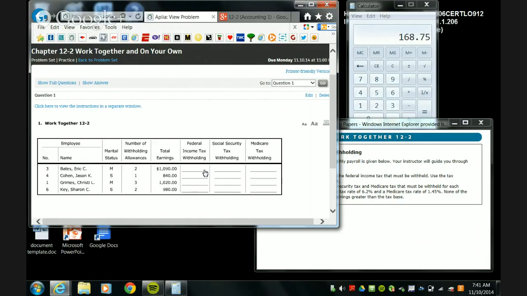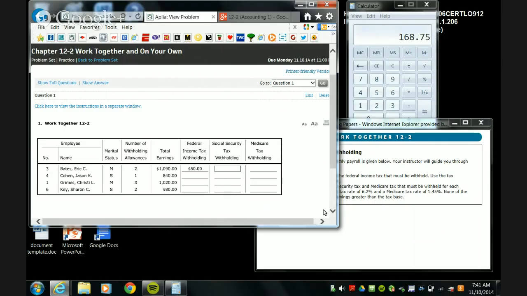So we find that on the tax table, and he has two allowances that he's withholding. So for him, we find that his federal income tax withholding is $50.